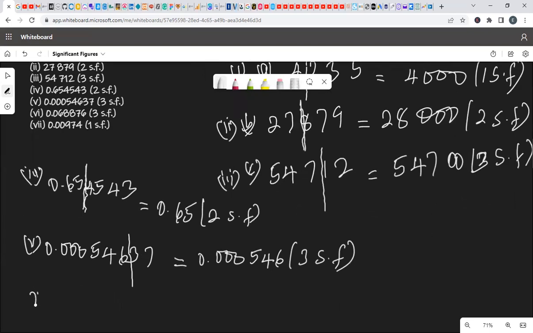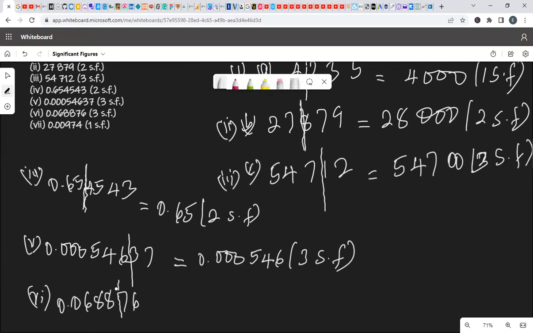Question 6. I have 0.068876. I want to round it to three significant figures. Okay, this 0 is not significant, so this is the first significant figure. 1, 2, and 3.